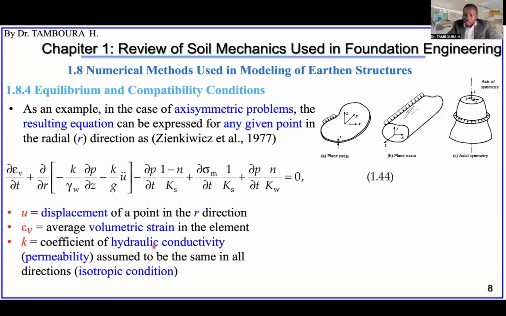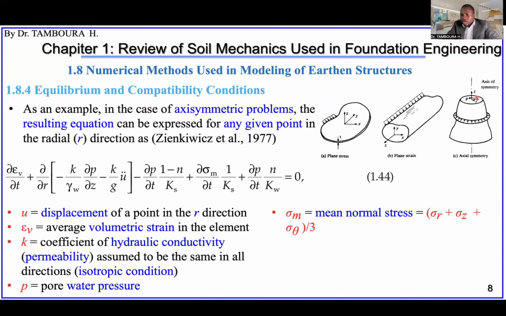Okay, isotropic condition. P is the pore water pressure. And sigma M, this one, is the mean normal stress, which is the average of stress in the R direction, Z direction, and also theta. Just add and divide by 3.